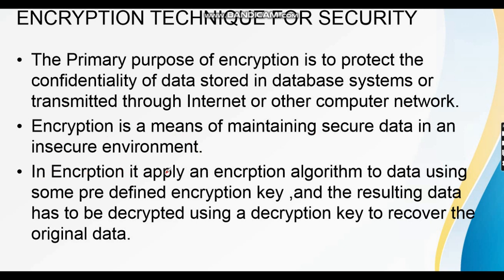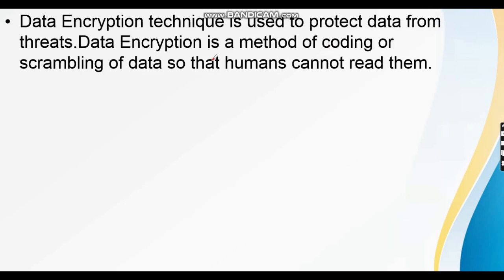Encryption applies an encryption algorithm to data using some predefined encryption key, and the resulting data has to be decrypted using a decryption key to recover the original data. Data encryption technique is used to protect data from threats. Data encryption is a method of coding or scrambling data so that humans cannot read it.